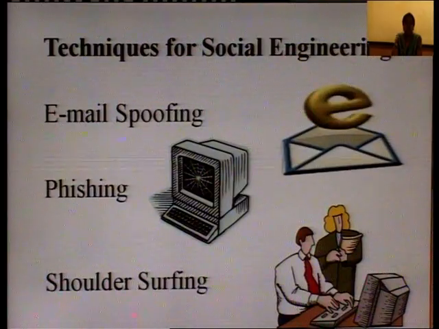Then comes email spoofing. Email spoofing is when a mail comes to you with a name such as aman@gmail.com. So who is Aman? Aman can be anyone. It can be your teacher, your friend, anything.